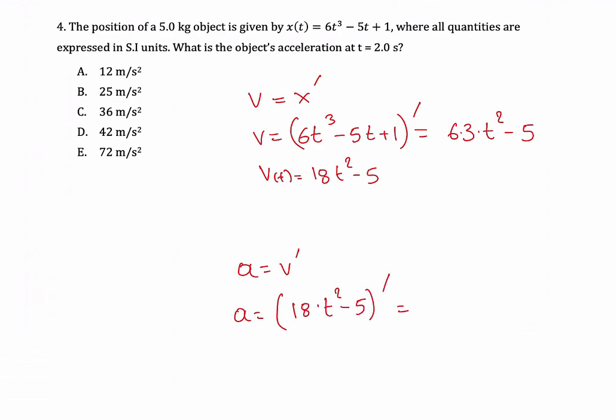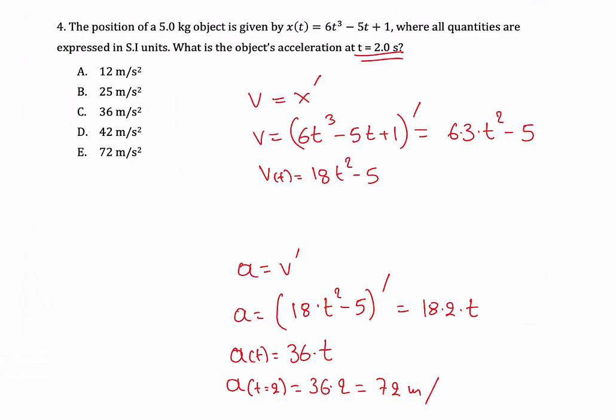So it is 18 times 2 times t plus 0. So the acceleration as a function of time is 36t. And because we are given a certain value for the time, we replace it: when the time is 2, it is 36 times 2, so the result is 72 meters per second squared.